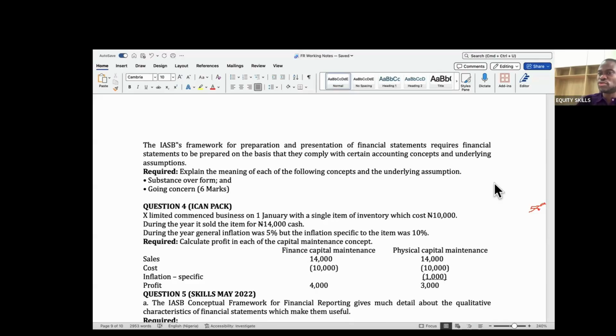But if you now go further and agree with that person that you will buy these goods back from them in the next few months, then yes, the legal form says you have sold because there is a contract to show that you sold goods to him. Legal form says recognize sales. The legal form does not look at you buying back, but the economic reality, the substance of that transaction, is that as it is today, you have an obligation to deliver cash.